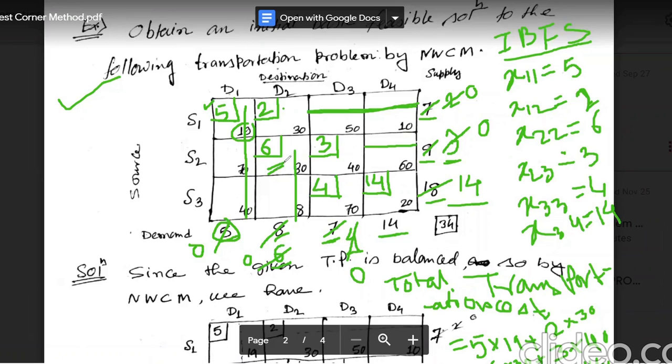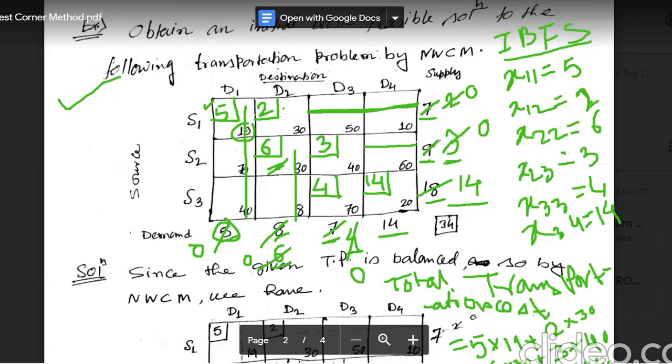That means this cell. This is the destination D2 and the source S2. What is it? 9 units can be supplied from source S2. And what is the demand? Sorry, the demand here is 6 units.